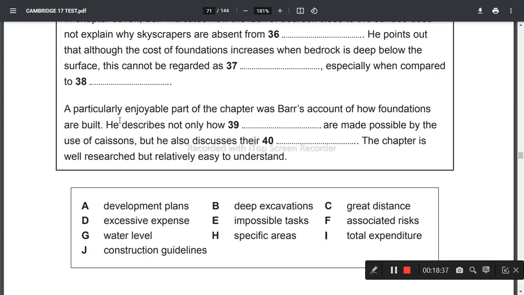He describes not only how deep excavations are made possible by the use of caissons, but he also discusses their associated risks. B. The chapter is well researched but relatively easy to understand.